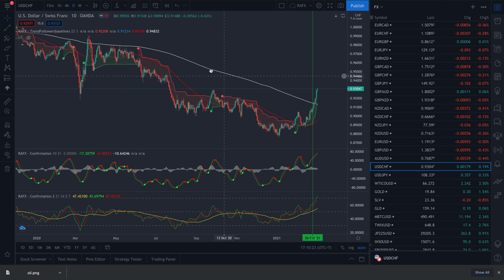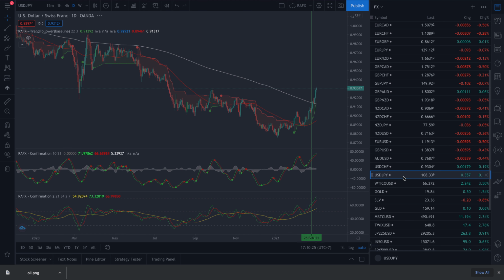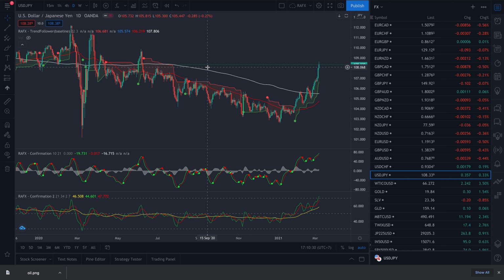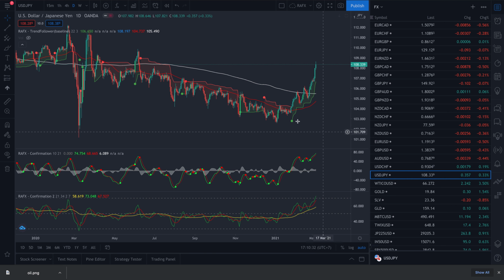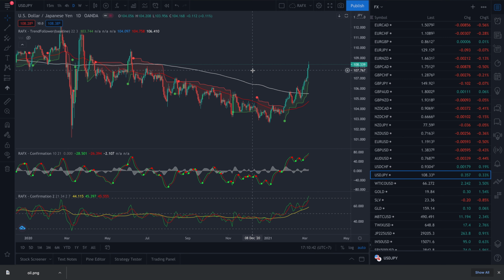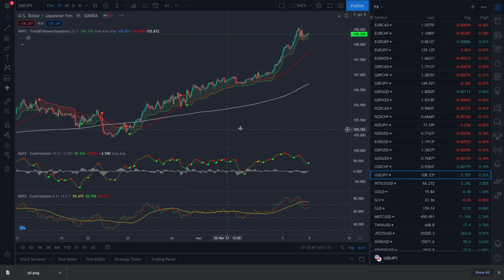So the last pair for Forex is USD JPY. I think it is the same as USD CHF. It just broke out on the 200 baseline for a possible uptrend, and then I look into 1 hour to see if we have an entry trigger.